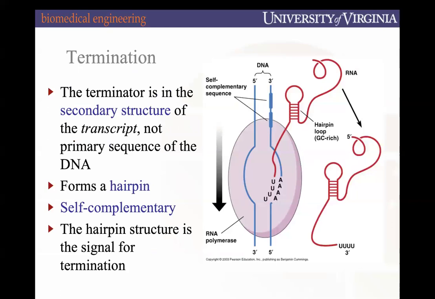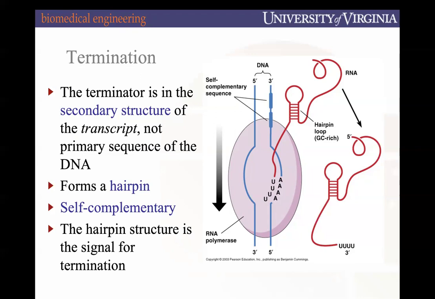So to terminate all of this, once our RNA polymerase gets to the terminator site, what ends up happening is that there is encoded within that terminator site a self-complementary sequence.